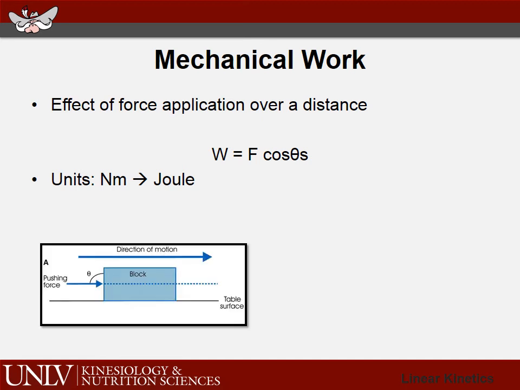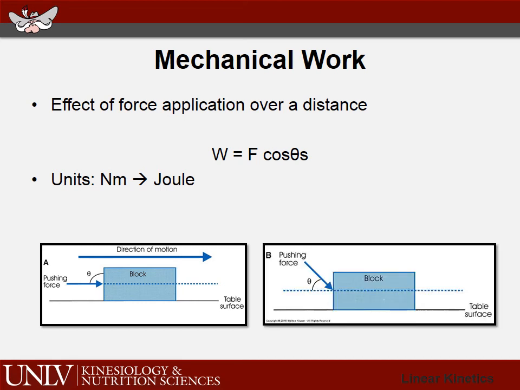The units are newton meters, or joules. And this is going back to the block concept, right? So this is a pushing force directly towards it. In this one, it would just be F times S, because the cosine of theta at zero degrees is 1. You don't worry about it. It's just going to be straight on. So force times S applies if your pushing or pulling force is in the direction of motion.